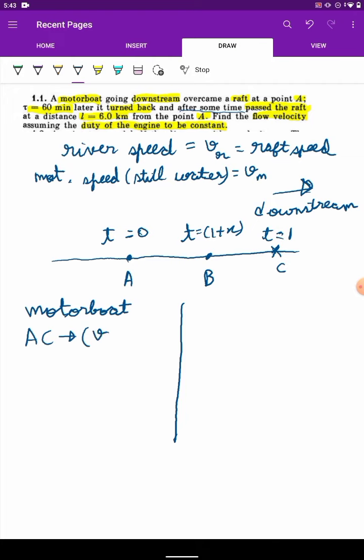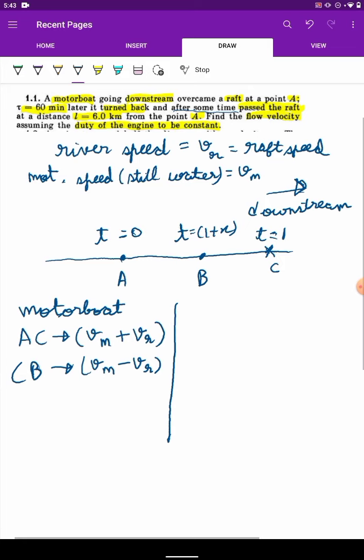So it is Vm plus Vr. And if we consider from C to B, when it comes back, the speed is Vm minus Vr. Okay, so this is the motorboat, and of course for the raft, it is just Vr. Okay, fine. So we have the speeds. Very good.